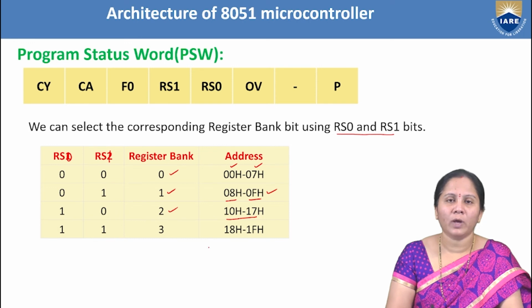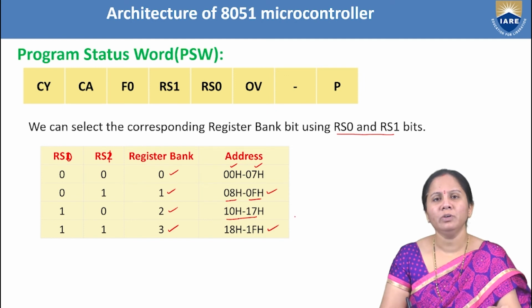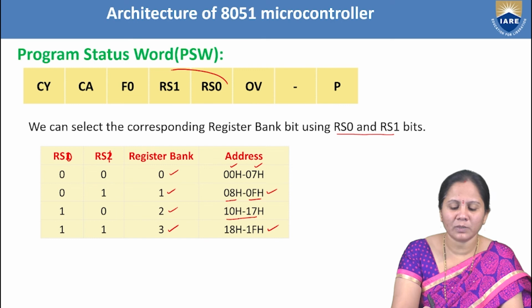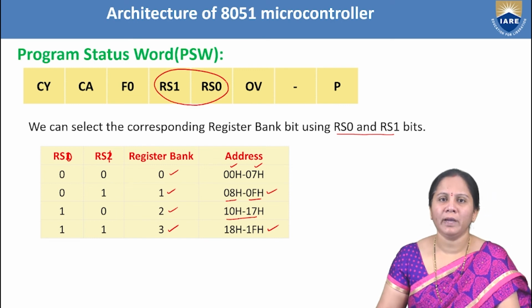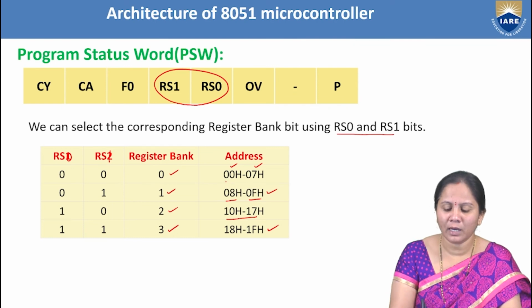If both are 1, register bank 3 will be selected and it has the addresses 18H to 1FH. So these are the 2 bits that will select the register bank. After accessing that register bank, any among the 8 registers will be accessed by using the address.